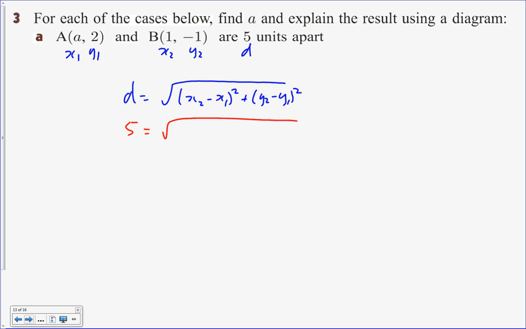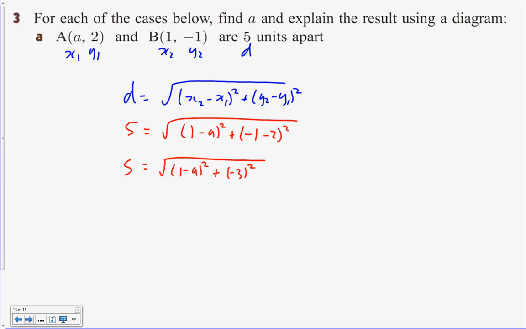Square root. So when we do this now, x2 is going to be 1, take A squared, plus y, which is negative 1, take 2, all squared. So 5 equals square root of 1 take A all squared plus negative 3 squared.